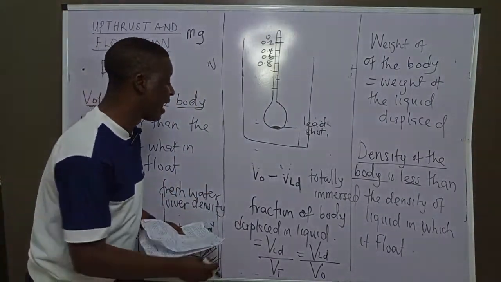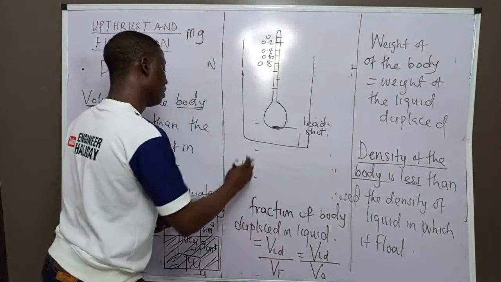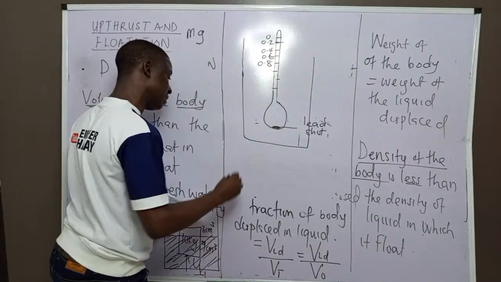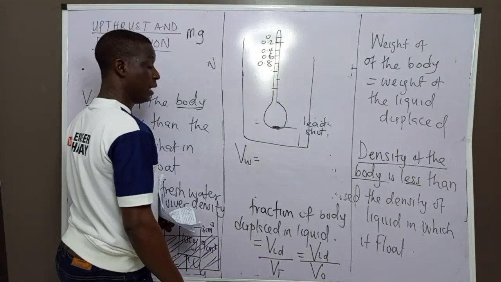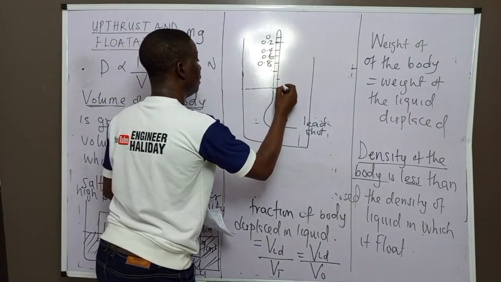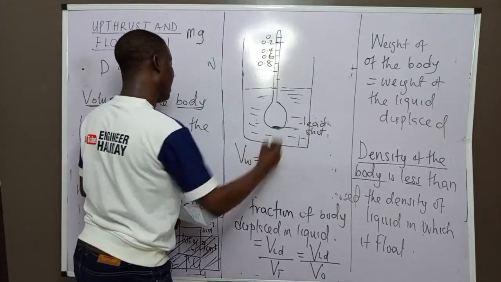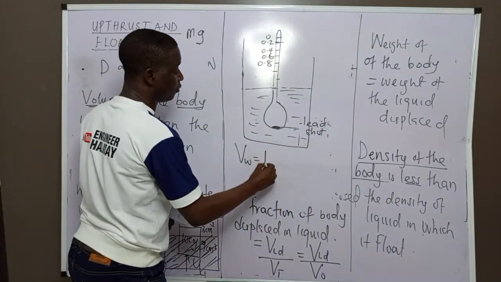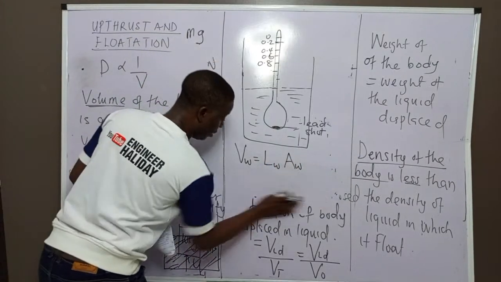When they are measuring density, we compare the density of the liquid with the density of water. We fill the place with liquid, and fill it with water to do the comparison. The volume of water is length times area.